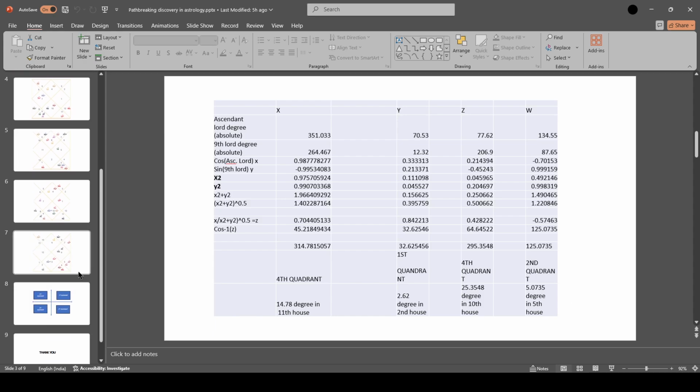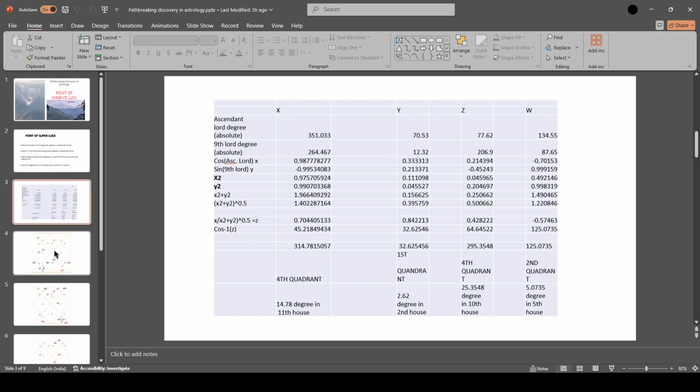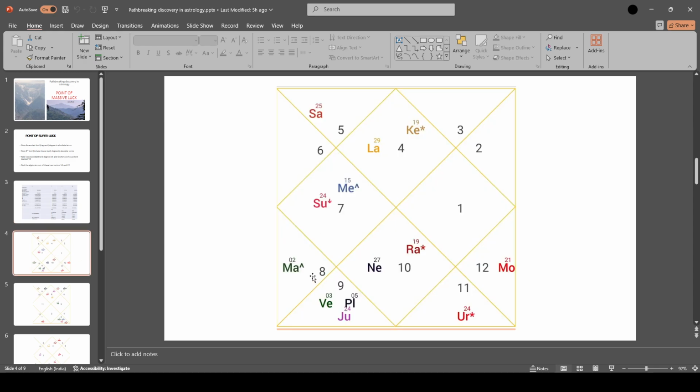Similarly, you can find the point of massive luck for any chart. It is the point over which, when the benefic planets pass, it will bring massive luck. You can gain significantly, you can accomplish great things. Moreover, the lord of that house, for example, here the point was falling in 11th house. Lord of 11th is Venus. Venus is very benefic here.